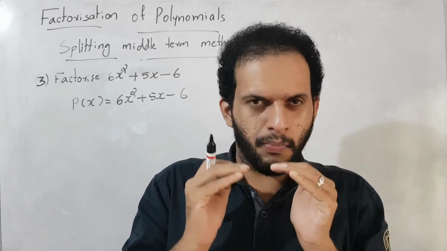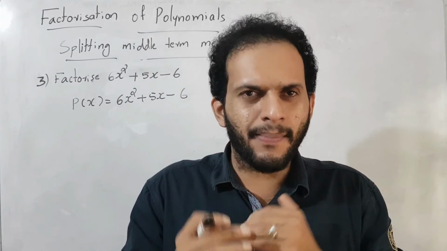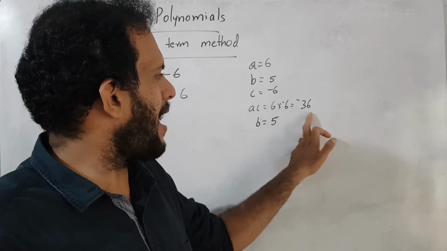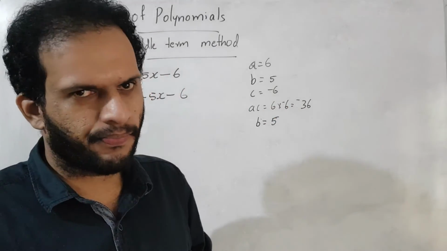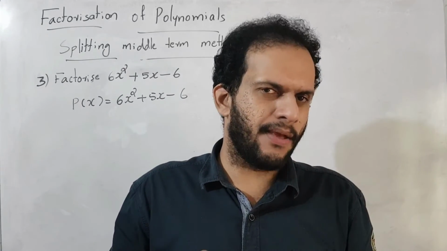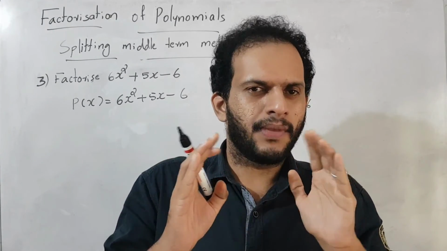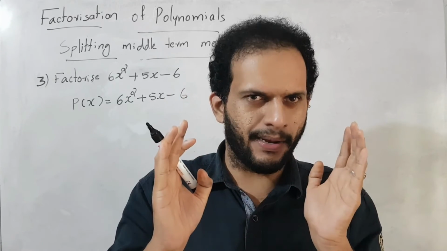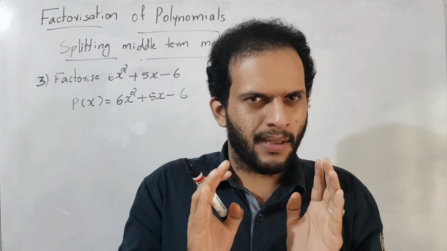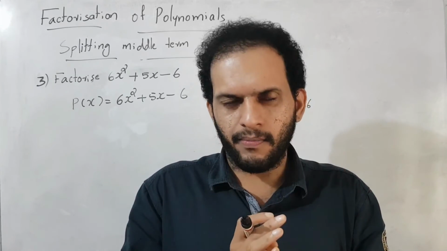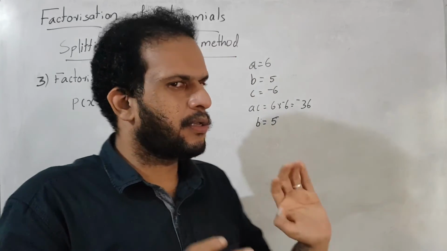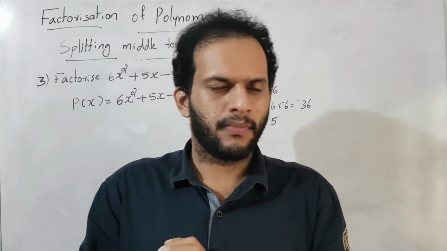In some cases the sum is also negative, the product and sum both are negative. The product is negative means only one is negative. The sum is also negative means the bigger number is negative. Bigger number is negative. Sum is positive means the smaller number is negative.